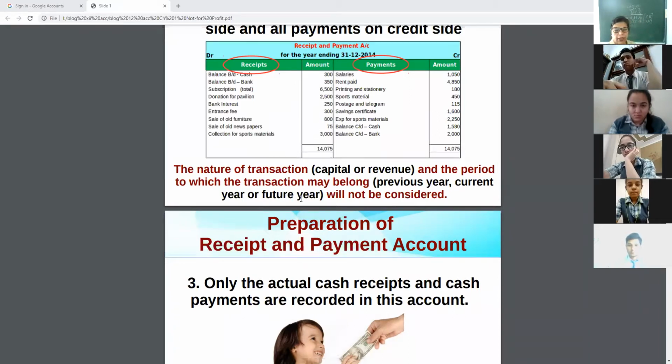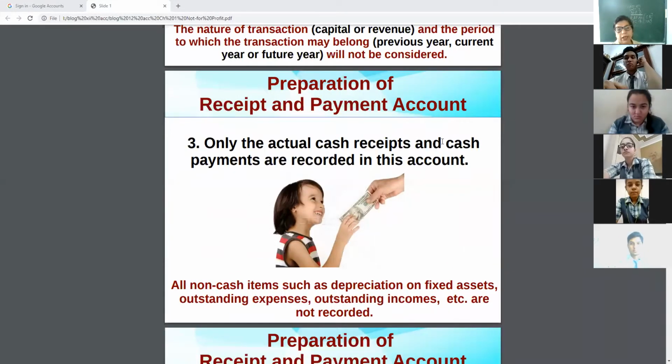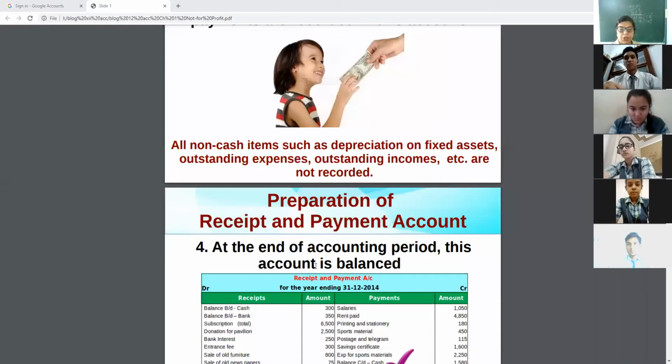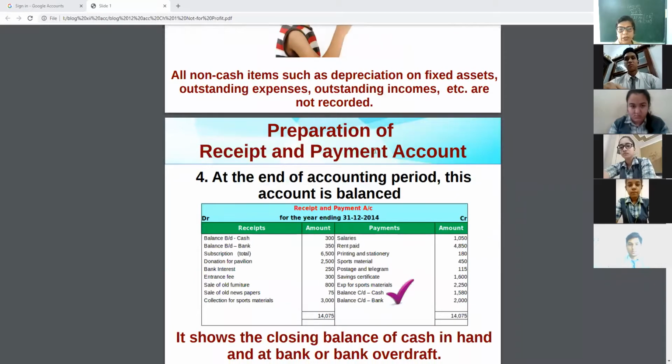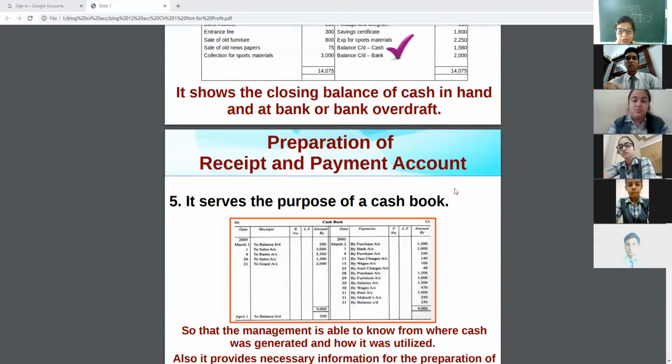Only the actual cash receipts and cash payments are recorded. Non-cash items like depreciation and outstanding are not recorded because these are not in cash. So how to calculate the closing balance? This also is the total of the debit side minus the total of the credit side.